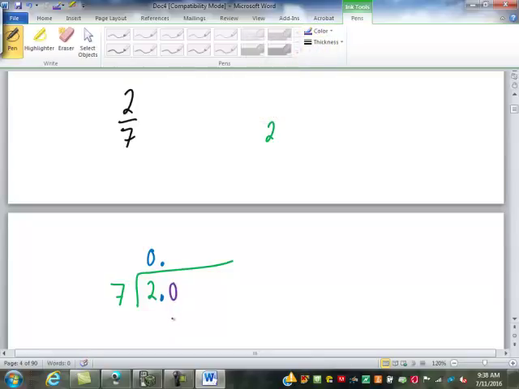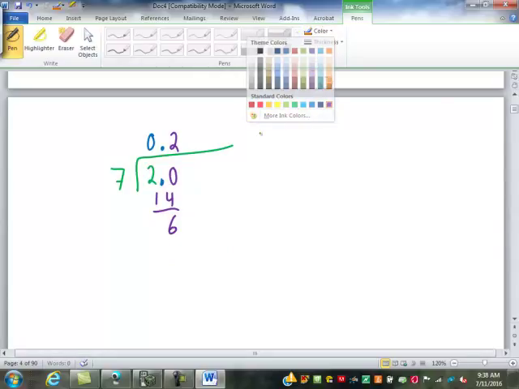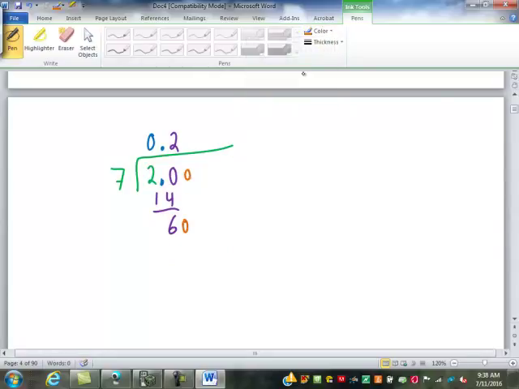7 goes into 20 twice. That's 14. You subtract to get 6. Add another 0 and bring it down. 7 goes into 60 8 times, that would be 56.